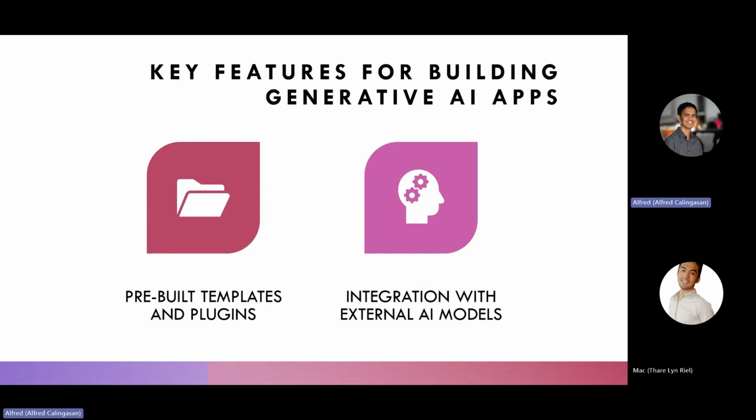If the Copilot cannot understand what the user says, there is also already a topic for that. And if you want to start over, there is also a conversational topic. It will ask if you really want to start over the chat with the Copilot. And also, it can integrate with external AI models.